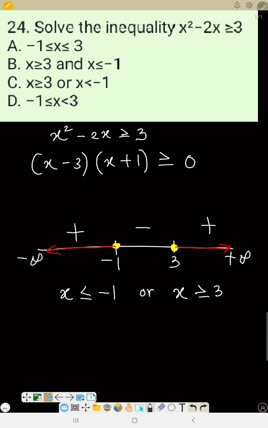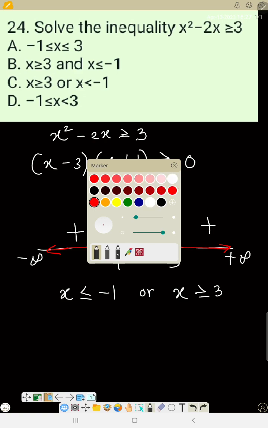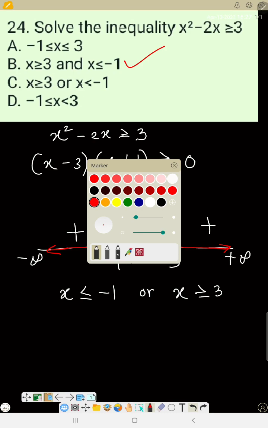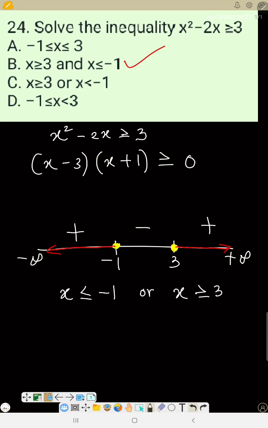So the correct answer is B. The correct option is B. If you look at it very well, s is less than or equal to -1, or s is greater than or equal to 3.